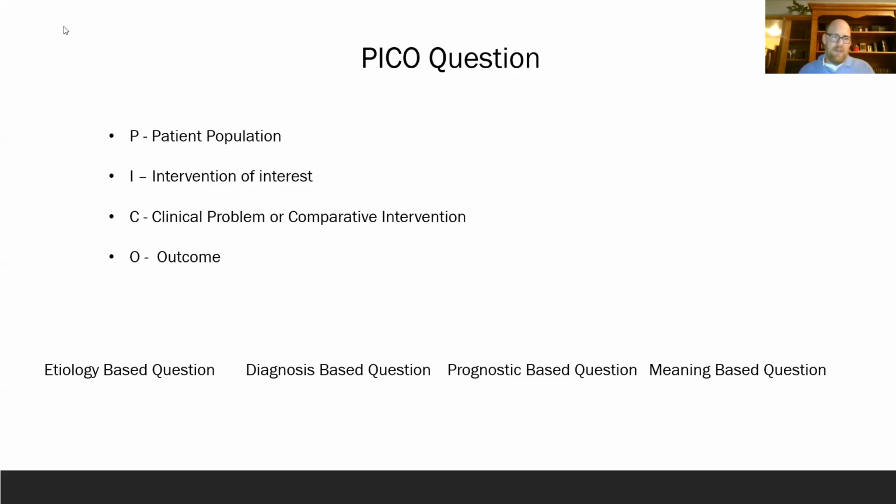One that I don't think we pay as much attention to, but I think is really important, is a meaning-based question. The meaning-based question is something that explores someone's lived experience of a problem. Let's give you an example.